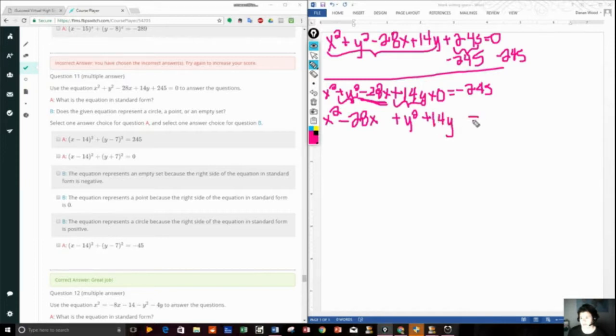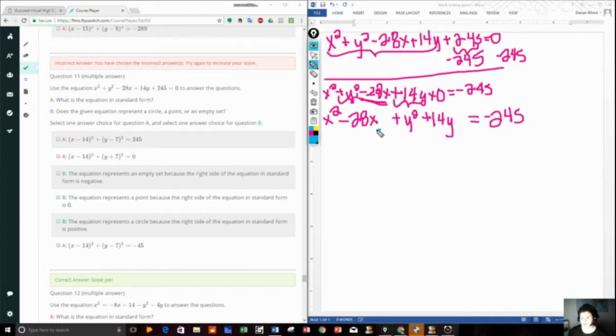And that's going to equal negative 245. Alright, so now that we have all of our terms with an x variable and all of our terms with y's collected and our constant on the right hand side, we're going to complete the square.